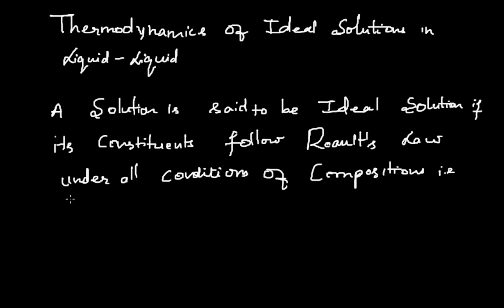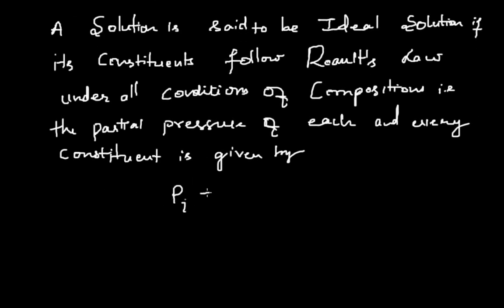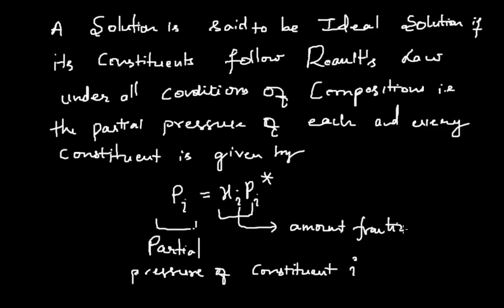That is, the partial pressure of each and every constituent is given by Pi equals Xi times Pi star, where Pi is the partial pressure of constituent i, Xi is the amount fraction, and Pi star is the corresponding vapor pressure of the pure constituent.